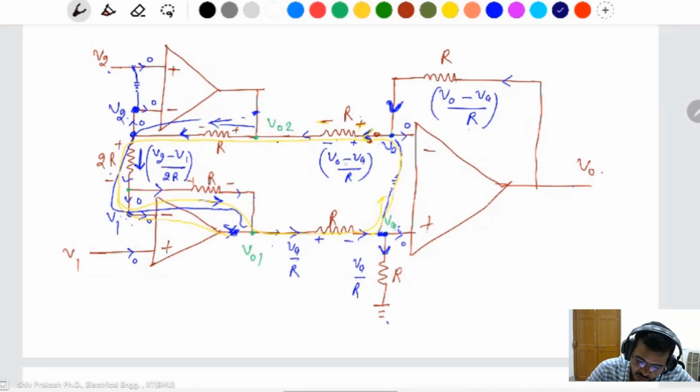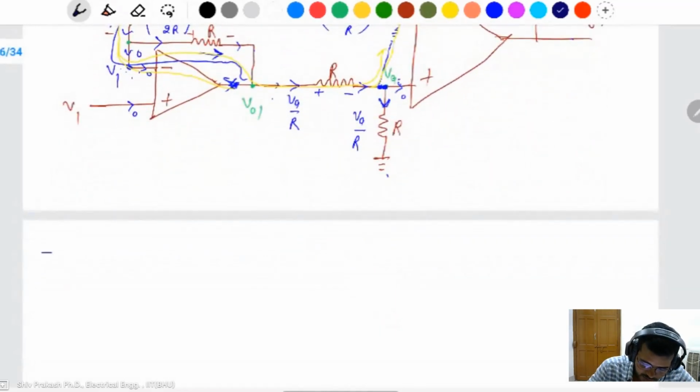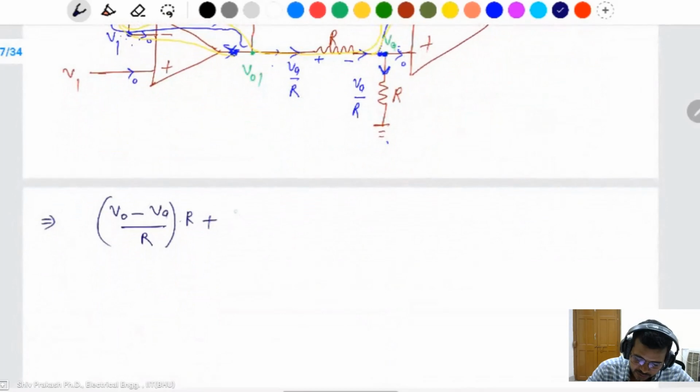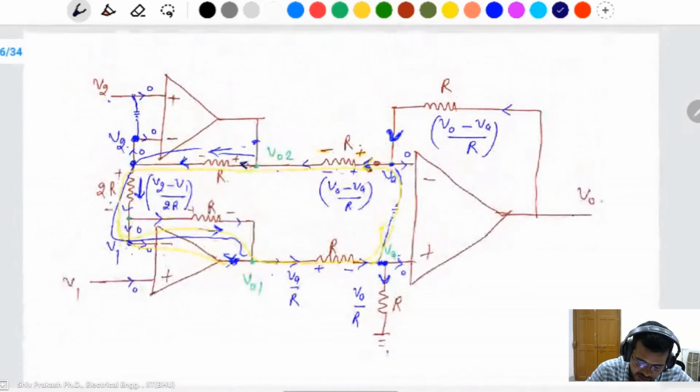Then what is the voltage of this one? VA minus V0 minus VA divided by R into R is the voltage drop across this resistance. I wrote plus here: V output minus VA divided by R into R, plus the next resistance is here. And what is this current? This current is the same as this one, V2 minus V1 divided by 2R, into R. V2 minus V1 divided by 2R into R, plus the next resistance is here.